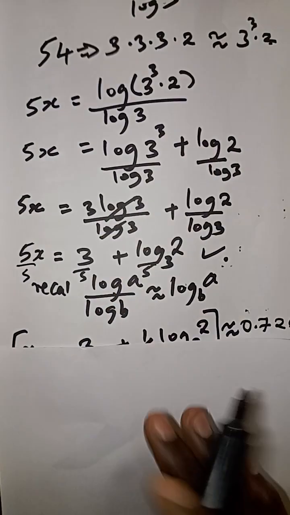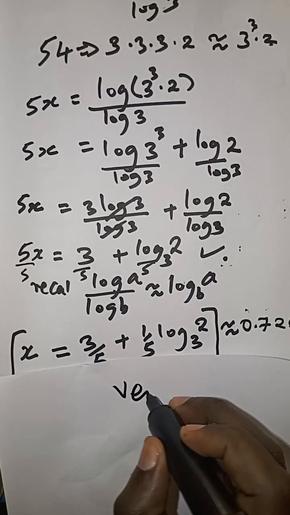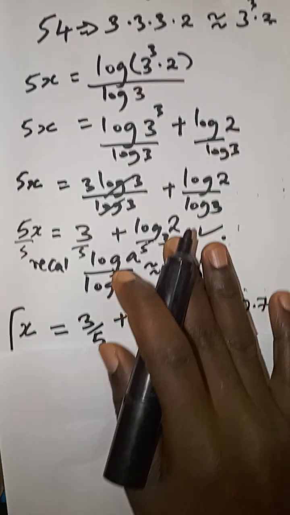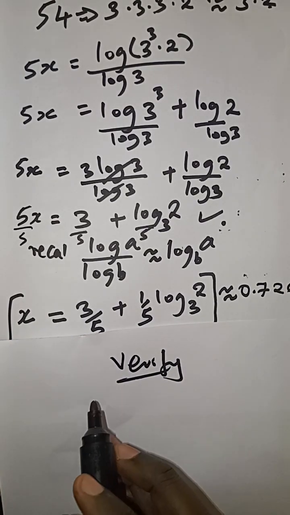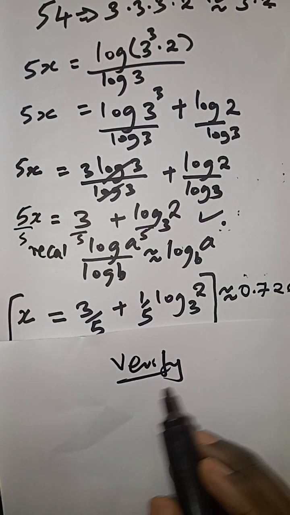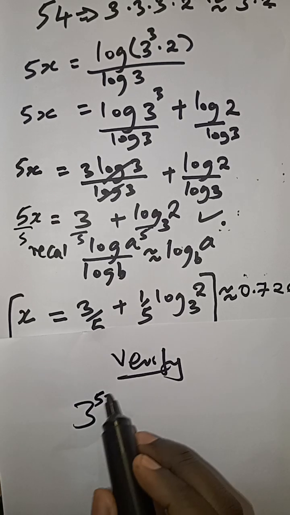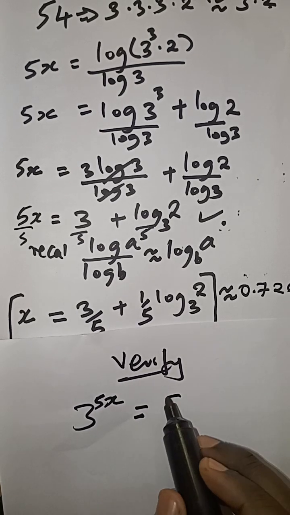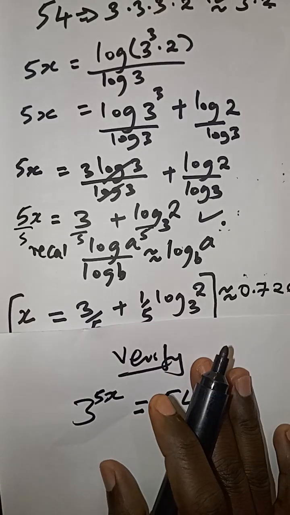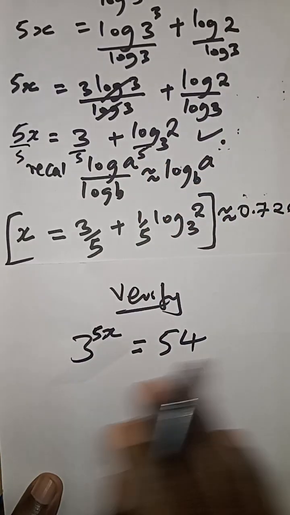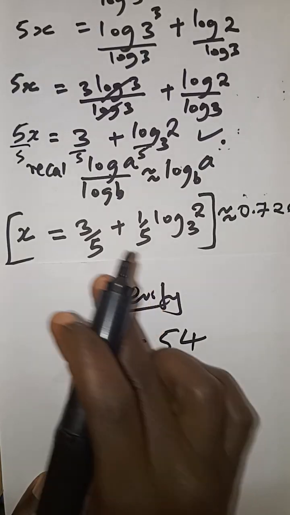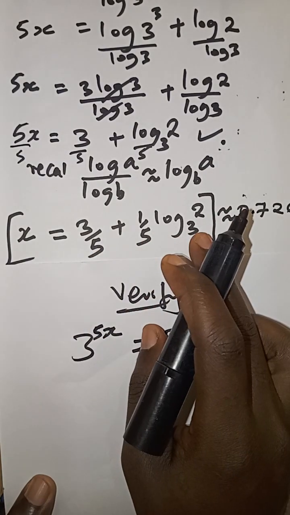So guys, up to that stage, we're going to go ahead and verify. On my verification, I'm going to start from 3 to the power 5x is equal to 54. Wherever we have x, I'm going to substitute that.